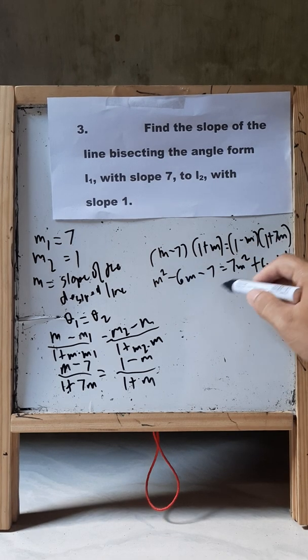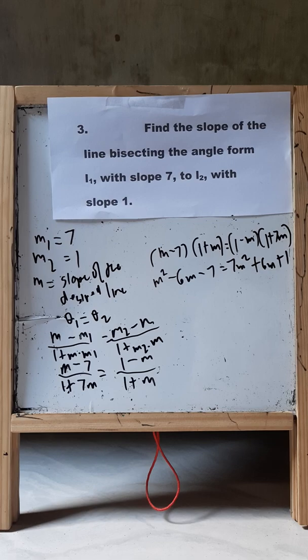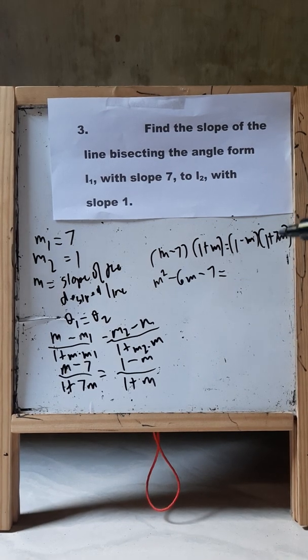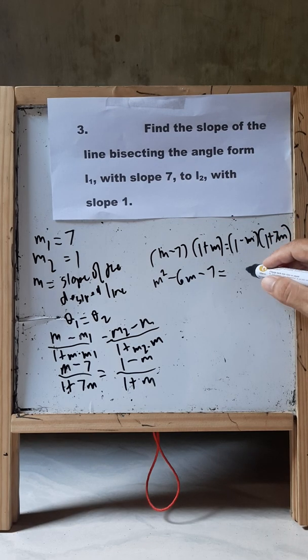So that M squared minus... there may be a negative there. Yes. Excuse me. For the product of 1 minus M and 1 plus 7M, we will have negative 7M squared.